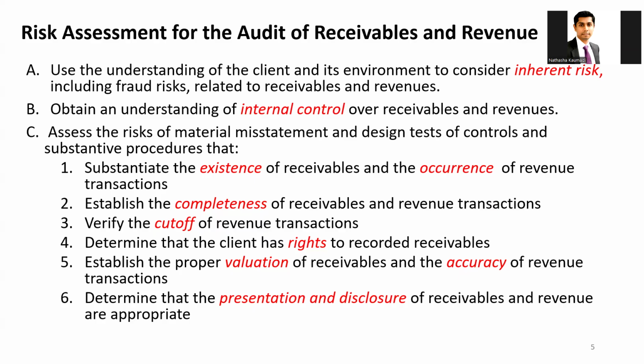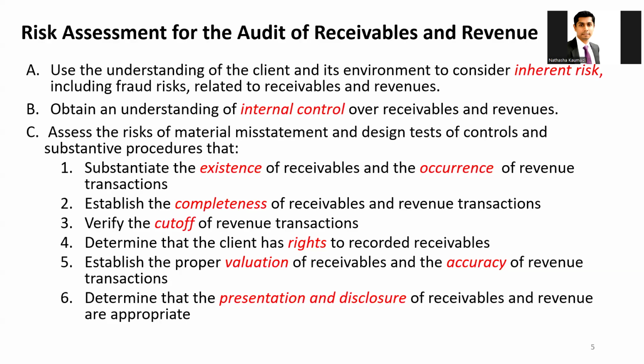So that's why we need to understand, when we are trying to do an audit, it's not only the revenue caption. If you have been allocated to audit the revenue, it's not only the revenue caption. It's about the whole organization. It's about the client and it's about the environment as well. So you understand whether inherent risks are there, whether there are fraud risks.